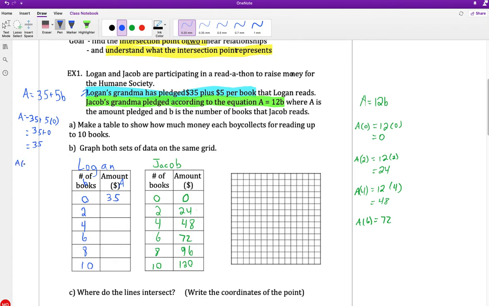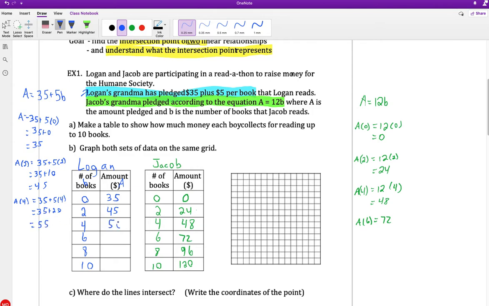Now if he reads 2 books, it's going to equal 35 plus 5 times 2, which equals 35 plus 10, which equals $45. We'll do one more. 4 books equals 35 plus 5 times 4, which equals 35 plus 20, which equals 55.